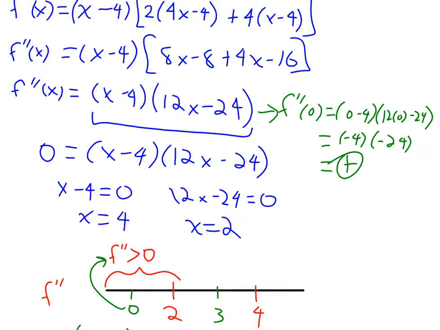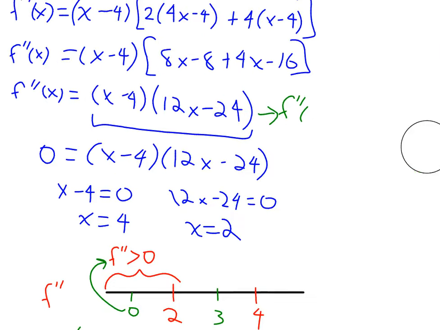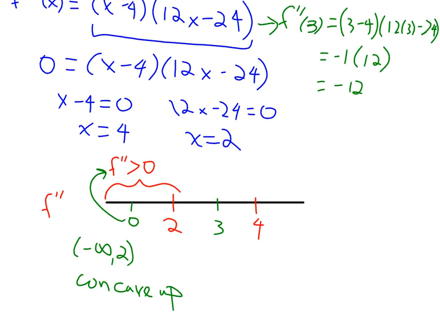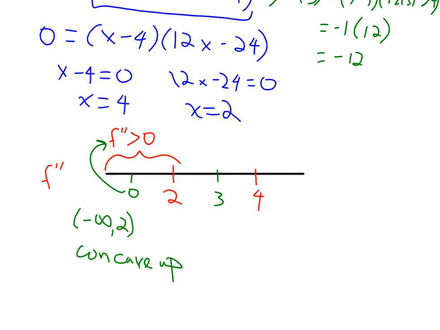Plugging 3 into the second derivative, I get 3 minus 4 times 12 times 3 minus 24, which gives me negative 1 times 12, which is negative. I really don't care what the number is, I'll write negative 12. But that must mean that my derivative is starting to slow down. The slope is starting to slow down and get closer to becoming a negative number again.